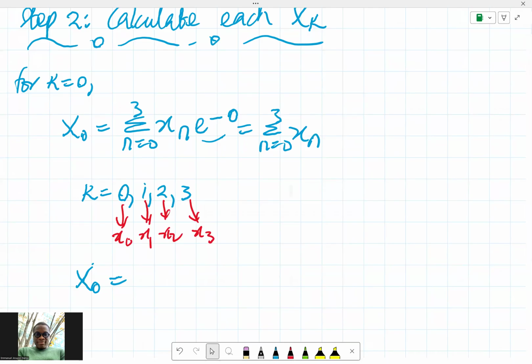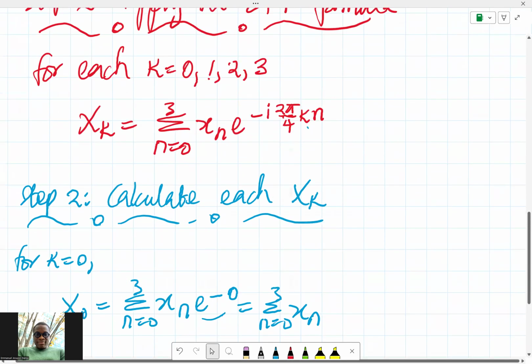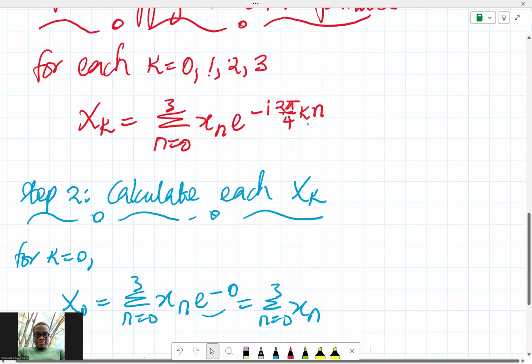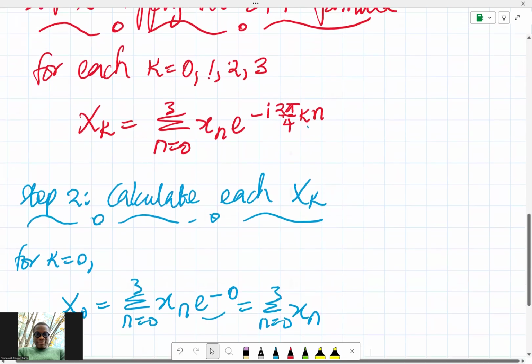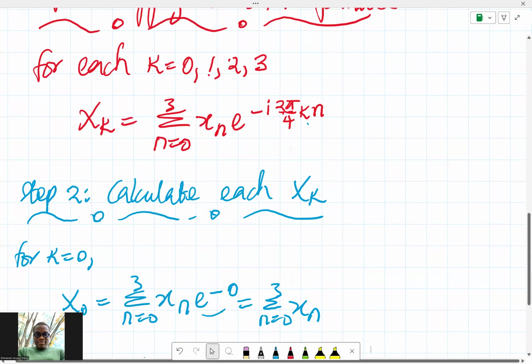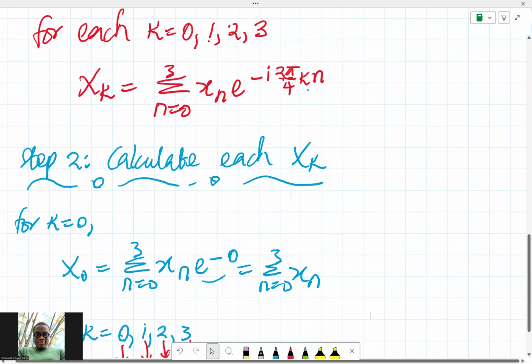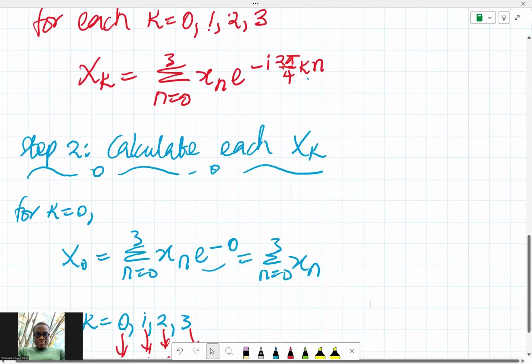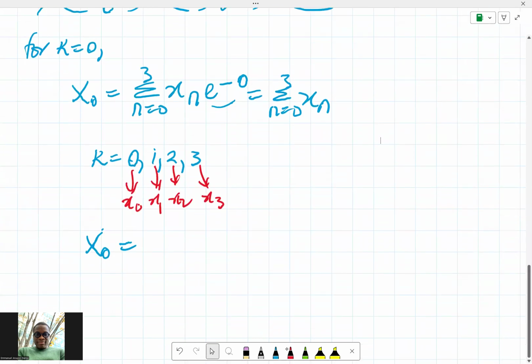When k is 1, normally this is e to the half pi n, then k is 0, e raised to minus 0, that's 1. So let me be sure.